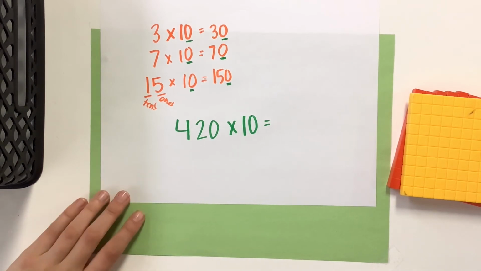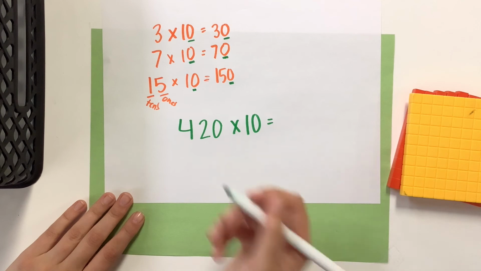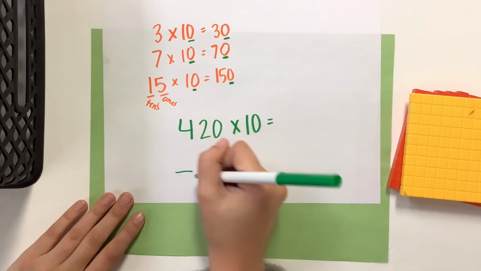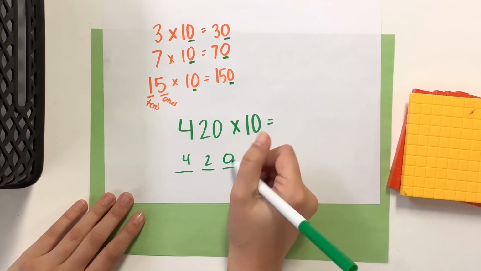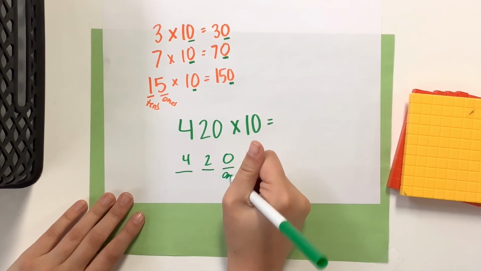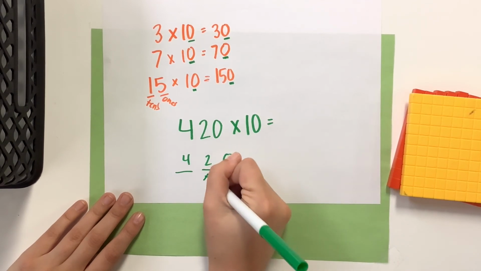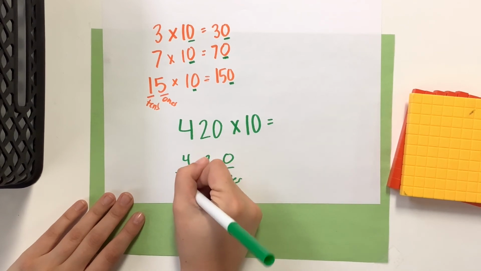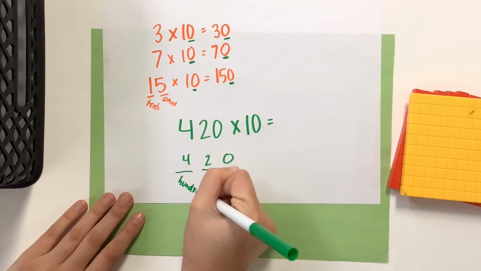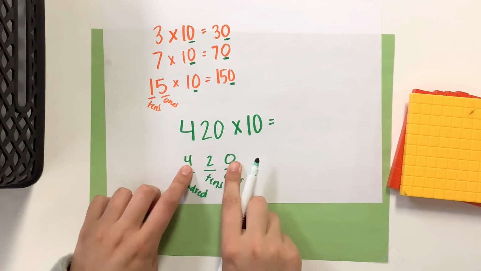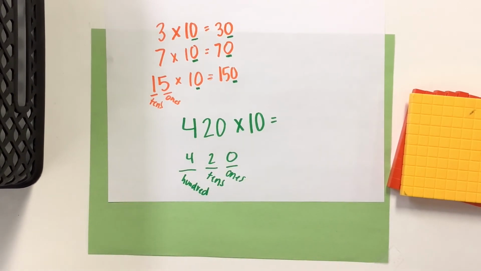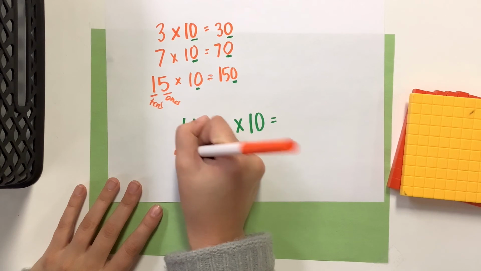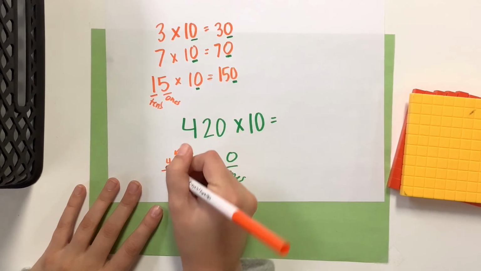Okay, I know that I have 420, so 0 is in the ones place, 2 is in the tens place, 4 is in the hundreds place. So if I multiply that by 10, this whole number is going to get 10 times bigger. So all of these digits are going to move one place to the left. So this 4 is going to become 4,000.